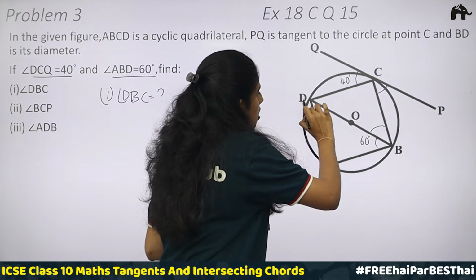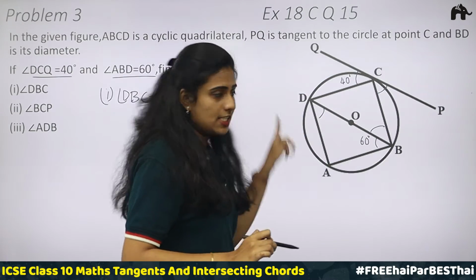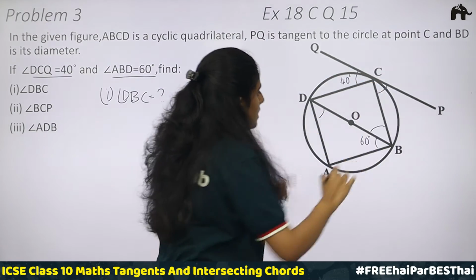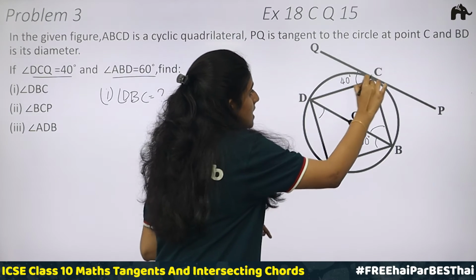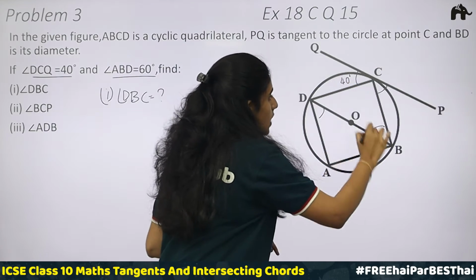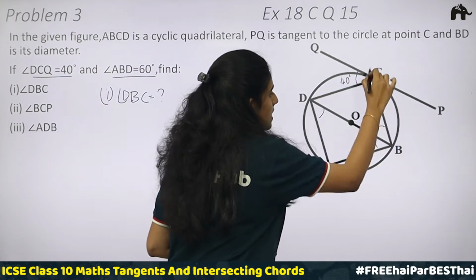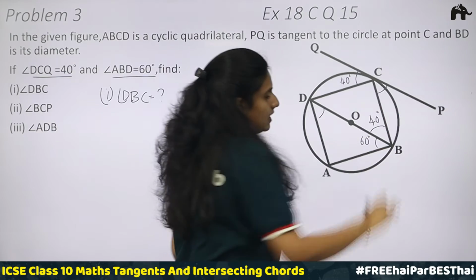Also, this chord DC in the alternate segment, this major segment, subtends an angle CBD, which means these two angles should be equal. Therefore, the angle DBC should be 40 degrees.